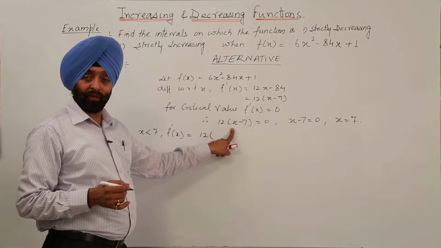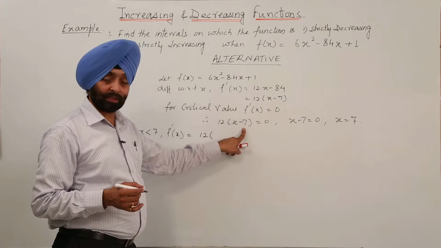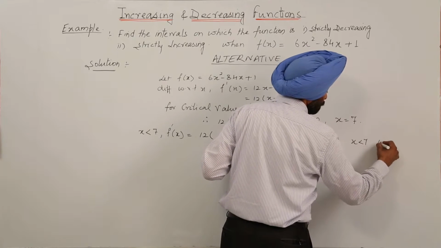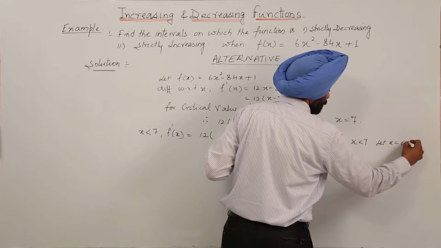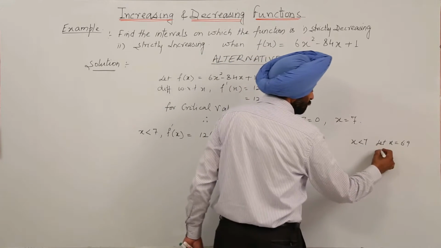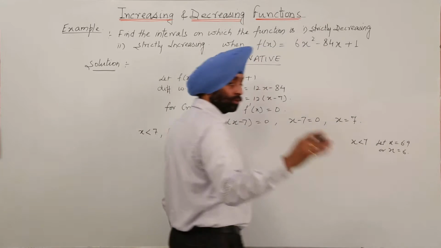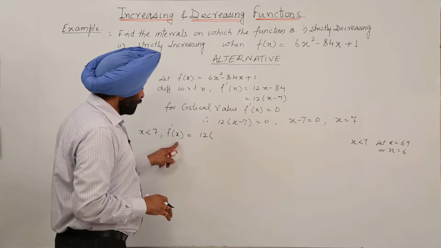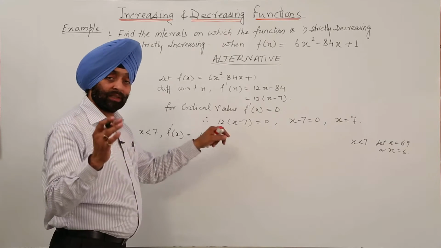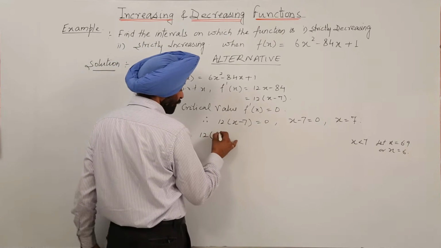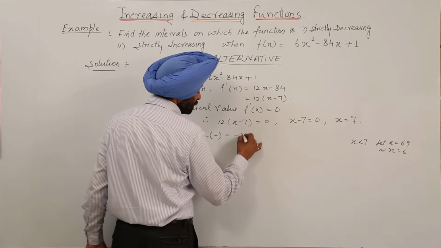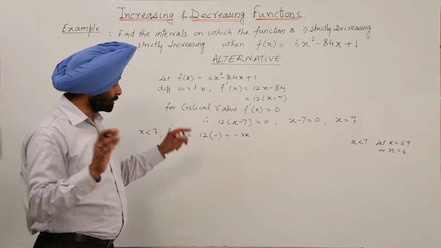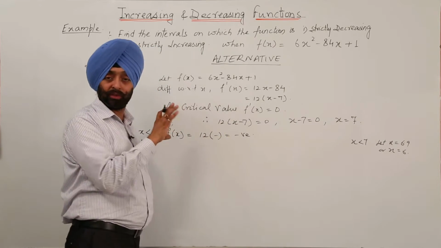Now suppose here we are having 6. 6 minus 7, I am just writing here, x is less than 7, let x is equal to 6.9, or you can take x is equal to 6, depends on you, 6.5, but it should be very much near to the critical point. f'(x) we are taking 12 and x is less than 7, so result will be negative, so our answer is negative. I am not finding the answer, I just want this negative or positive terms, nothing more.